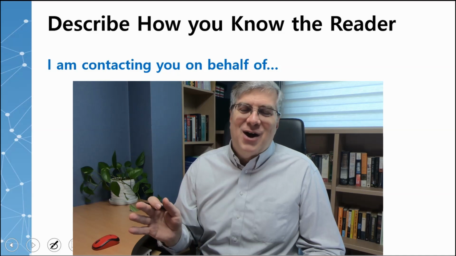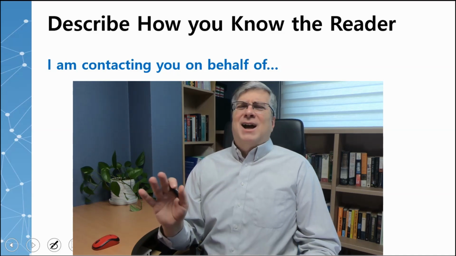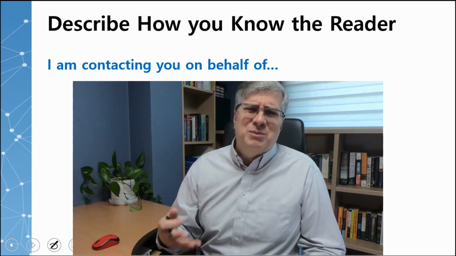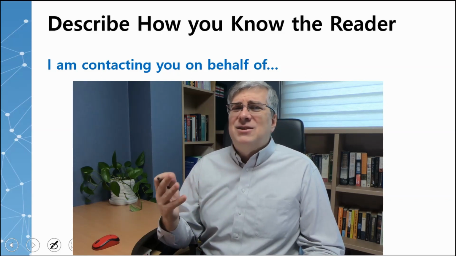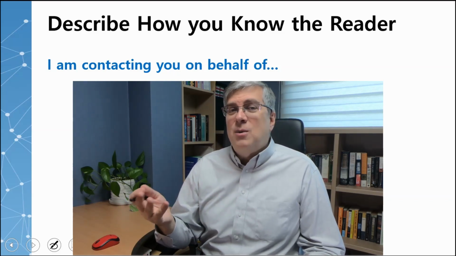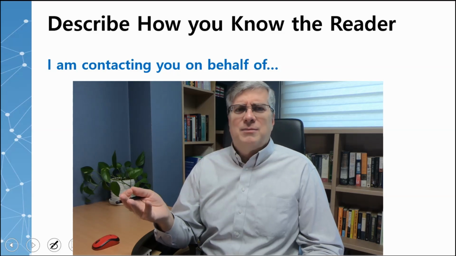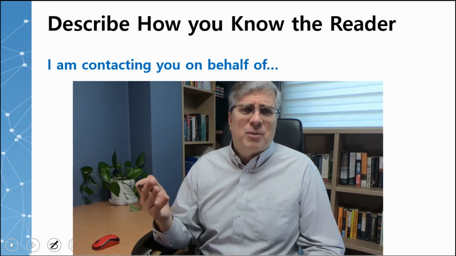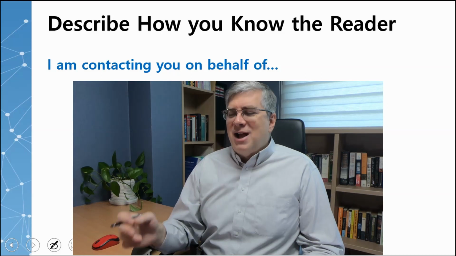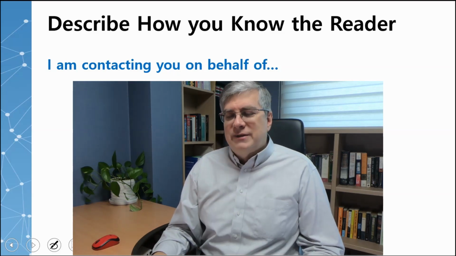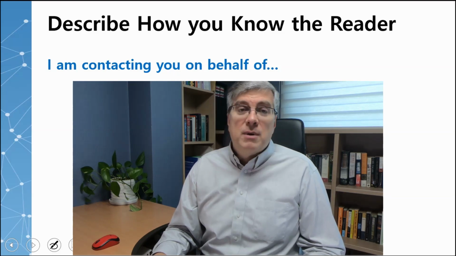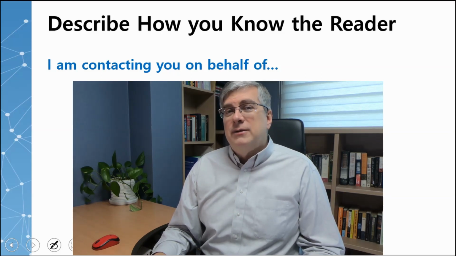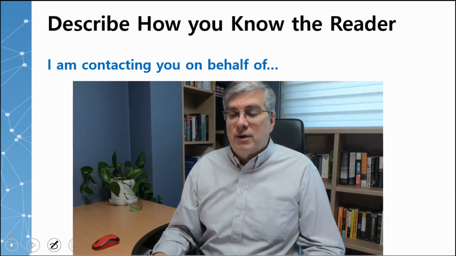Don't use that, obviously, because it sounds like, I don't want to contact you. My boss told me to contact you, so I'm contacting you. That expresses an idea that you don't really want to give. You don't want the reader to think they're just contacting me because their boss told them to do it. No, I am contacting you on behalf of someone, my boss or my employer or our manager or Ms. Soo Kim, who you met at the Singapore Expo, whatever.